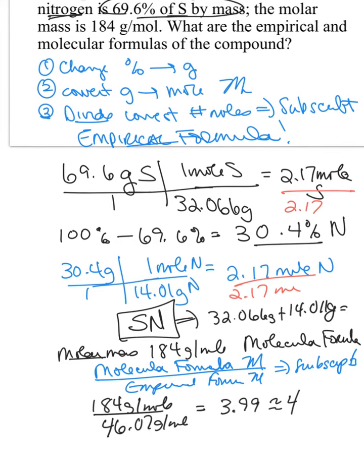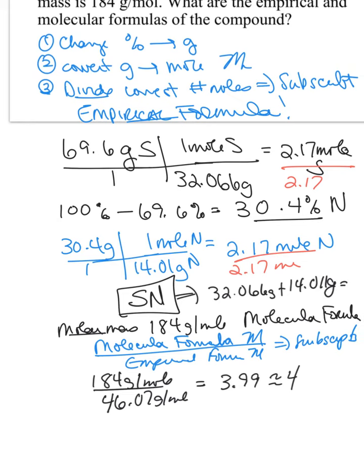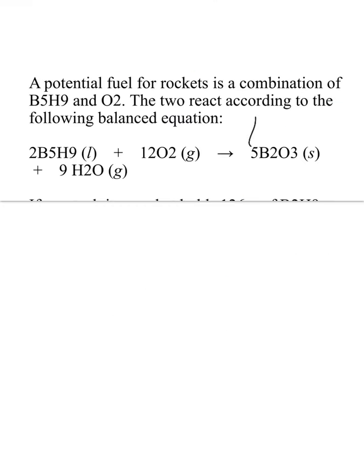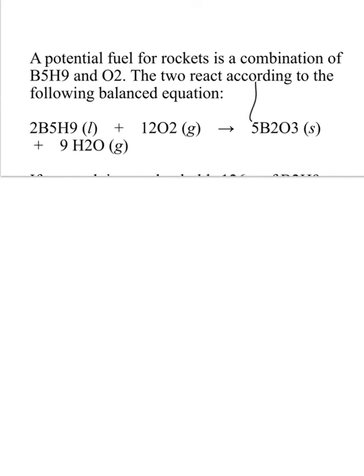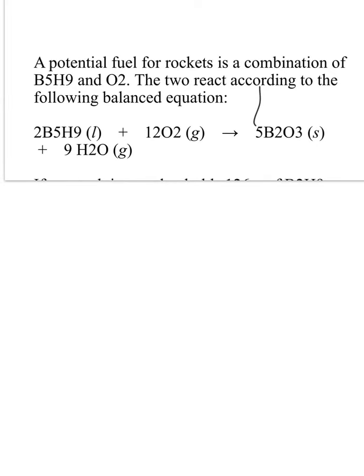So you're going to multiply these little subscripts here, which you don't see because it's 1, by 4, so your answer is S4N4 for your molecular formula. Okay, this problem got cut off, but you have it, so we'll just go with it.